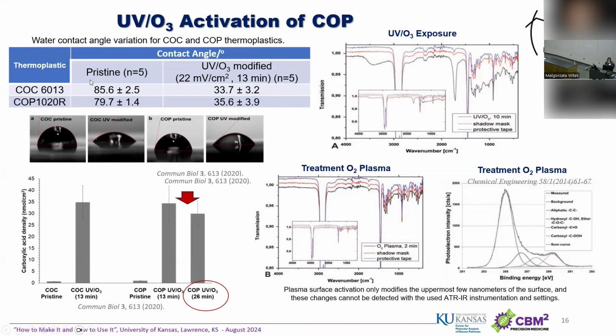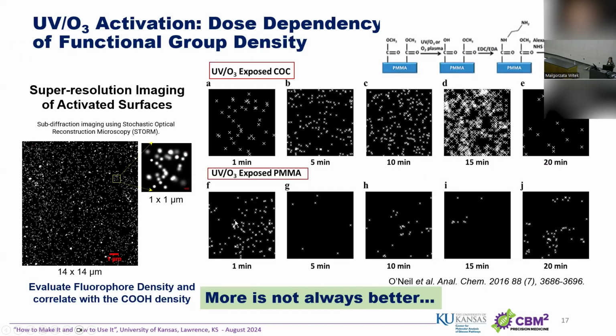If you look at this graph here, here's a COP activated for 13 minutes and then COP activated for 26 minutes. You can see clearly that the longer exposure time does not produce more of those carboxylic acids. Actually, you can see a downward trend. And that's exactly right. The bottom line is more exposure to UV ozone light is not always better.